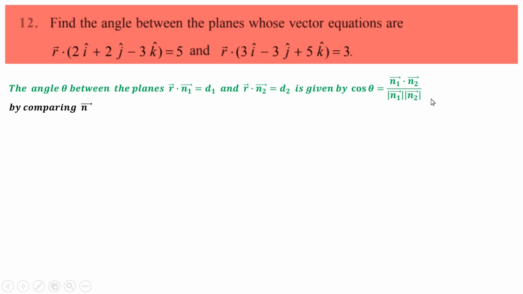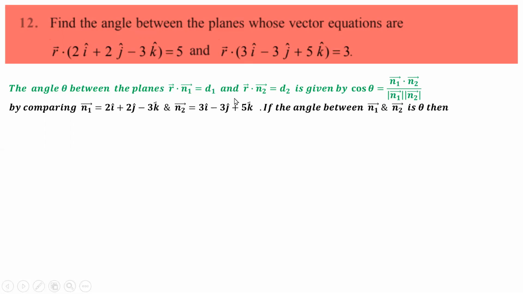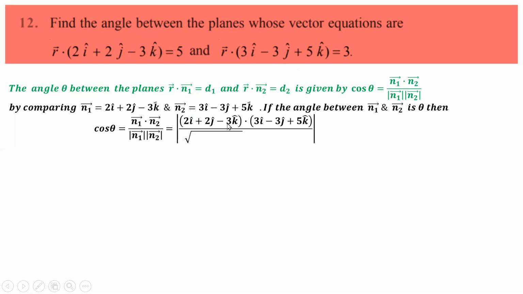Now vector n1 is here 2 i cap plus 2 j cap minus 3 k cap, and vector n2 is here 3 i cap minus 3 j cap plus 5 k cap. Comparing these two, if the angle between vectors n1 and n2 is theta, then cos theta can be written by this formula. Just put in the values of the vectors and write down the mod values also.